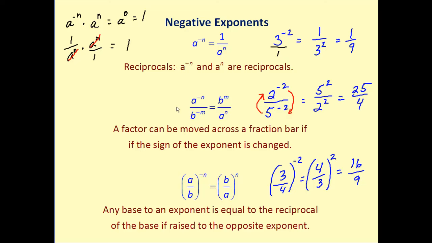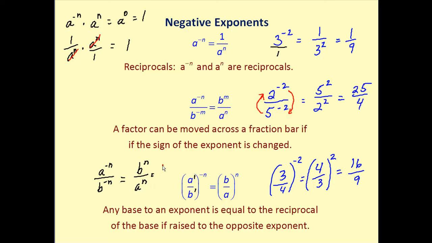Now in my mind, this really is not a new rule because we know the exponent on this a is 1 and the exponent on the b is 1. So from the previous video, we know if we apply the power rule here, we would have a to the power of negative n over b to the power of negative n, which really brings us back to the previous rule where if we move these across the fraction bar, it changes the sign of the exponent.